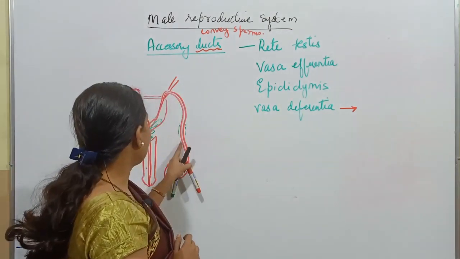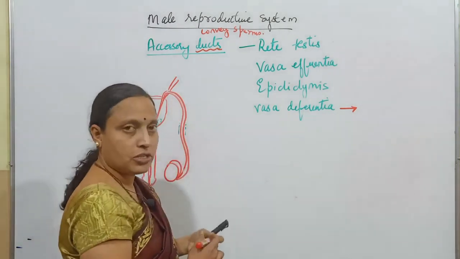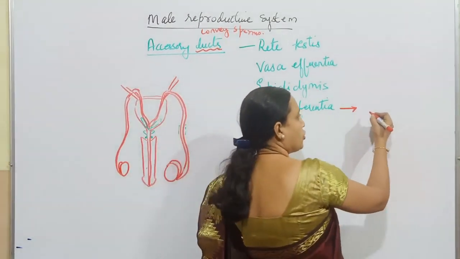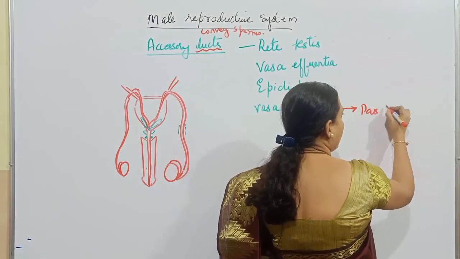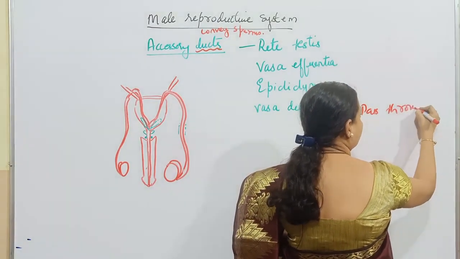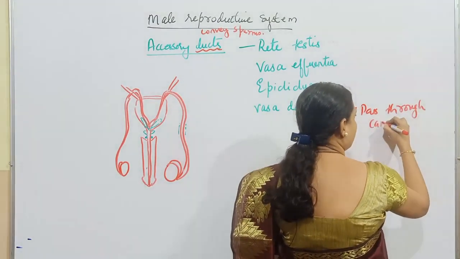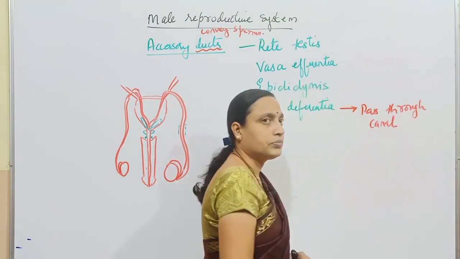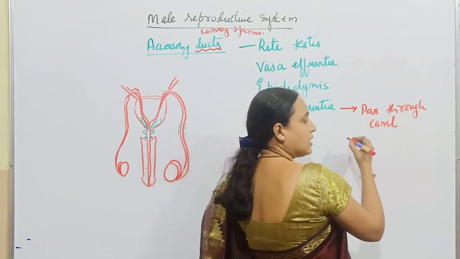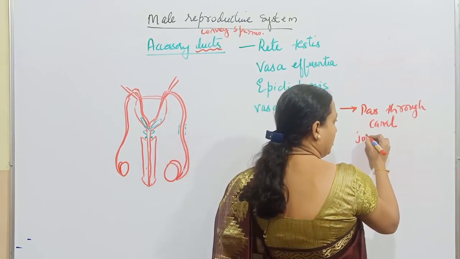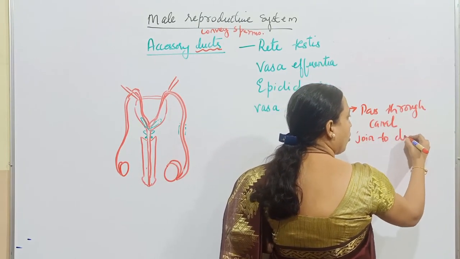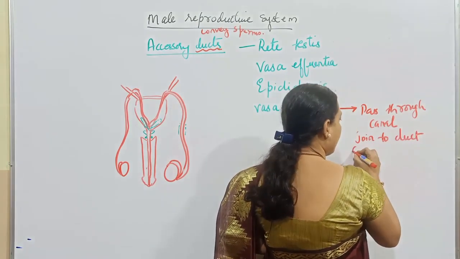So this is going to pass through inguinal canal, and then ultimately join to the duct of seminal vesicle gland.